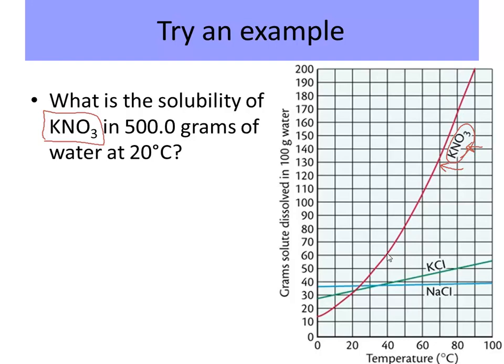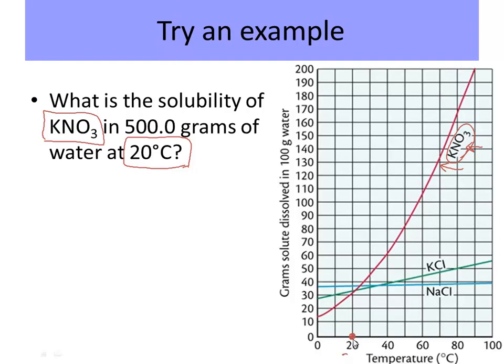What do we look to? Am I going to use this point? No. Why not? What's true about this point? The temperature. What temperature are we referring to? 20 degrees Celsius. Good.